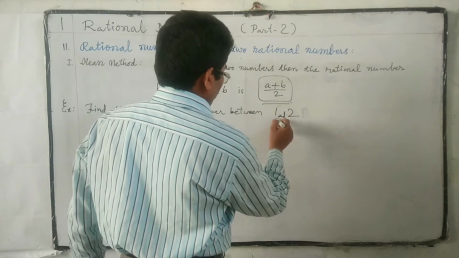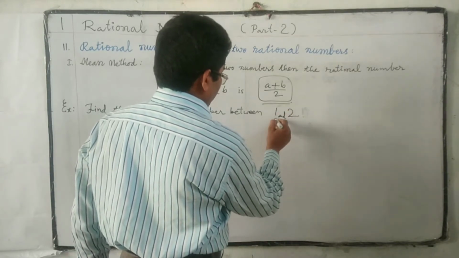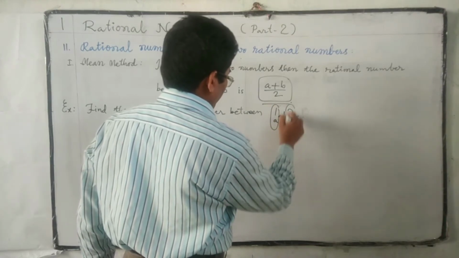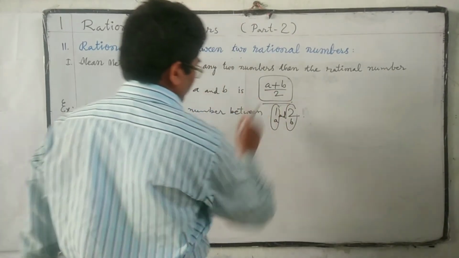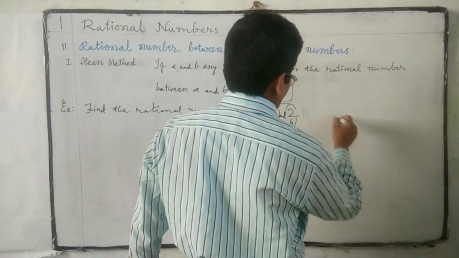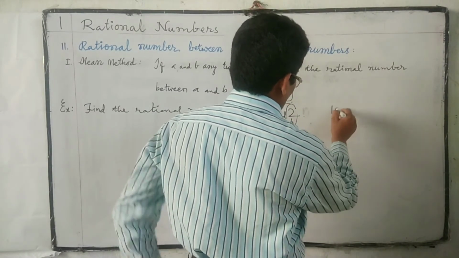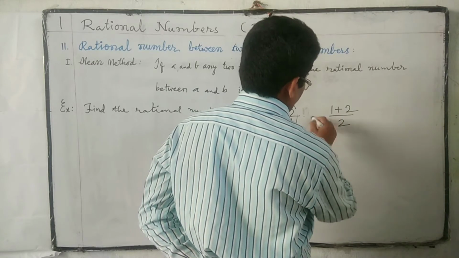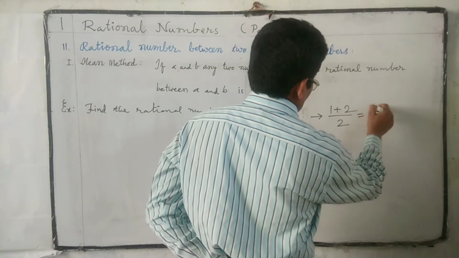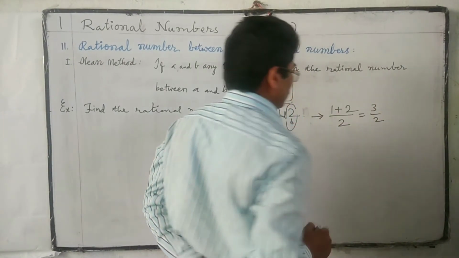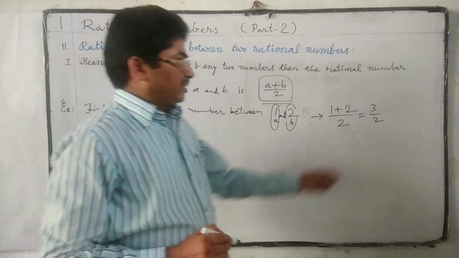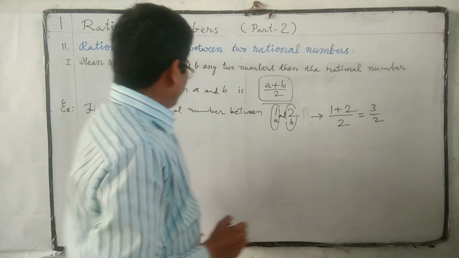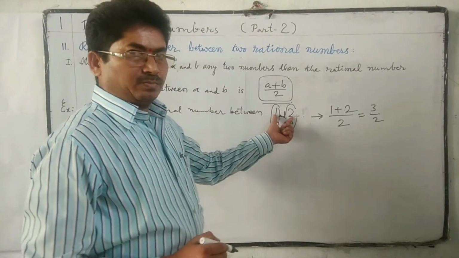In this, 1 is the A, 2 is the B. So we have the formula (A plus B) by 2. So (1 plus 2) by 2, which is 3 by 2, which exactly lies between 1 and 2.